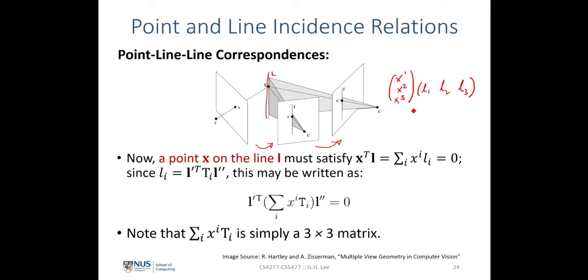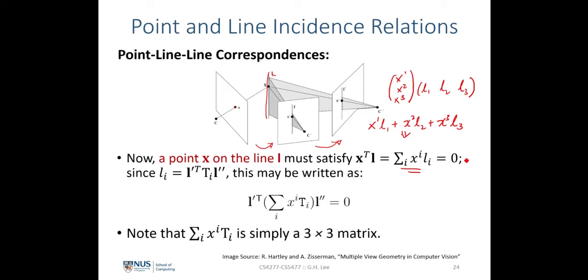By doing a dot product of these two entities, the point and the line, we get x1 multiplied by L1 plus x2 multiplied by L2 plus x3 multiplied by L3, which can be rewritten into this form. It is simply the summation over the index i of xi multiplied by Li, and this has to be equal to 0. We will make use of this notation to denote the dot product of a point and a line.